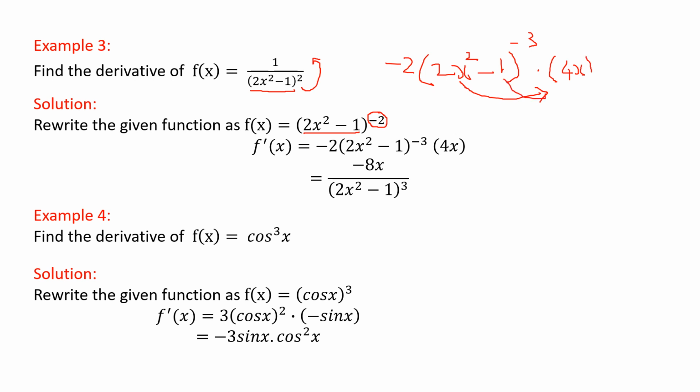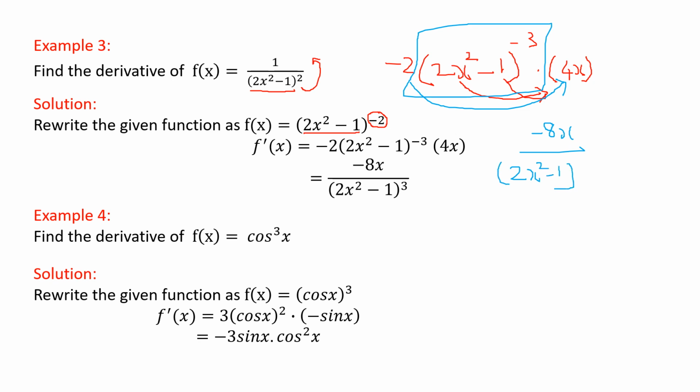So we are left with only 2. Then I can multiply these. So minus 2 times 2 will give you minus 4, divided by this one. I can bring it into the denominator, that is (2x minus 1) to the power plus 3.